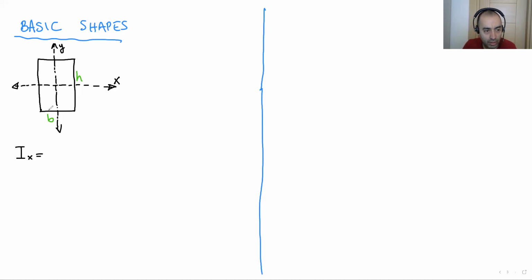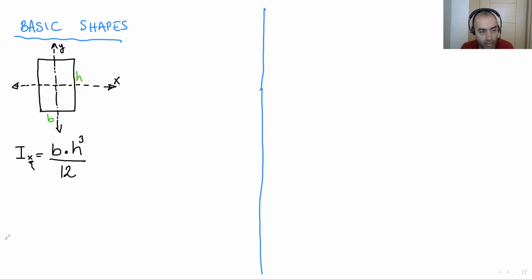The edge which is parallel to the axis we consider, take its dimension, which is b, times the edge dimension which is perpendicular to the axis we consider at the moment, h, its cube, over 12. This is for the rectangle.